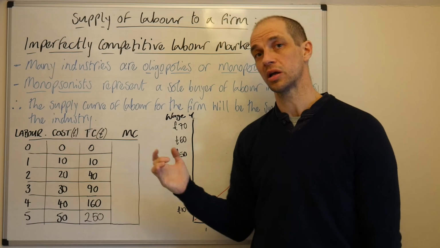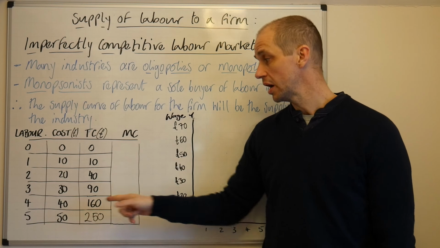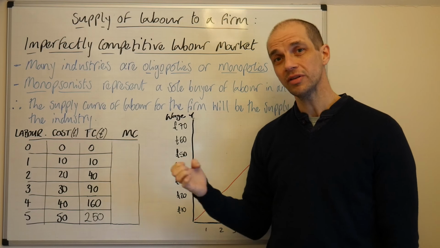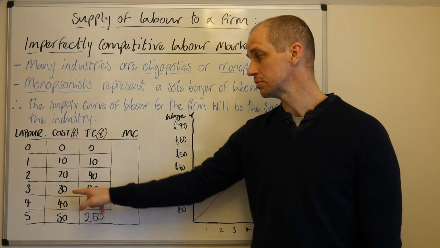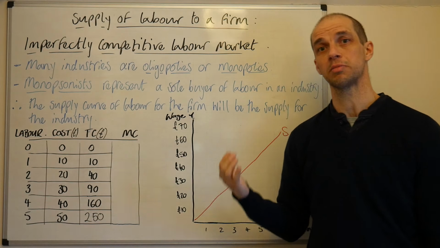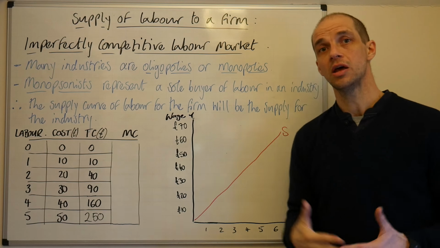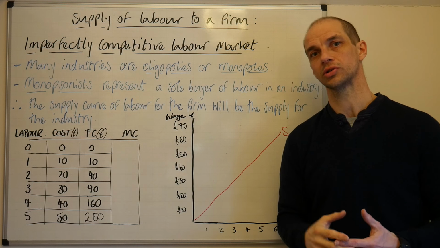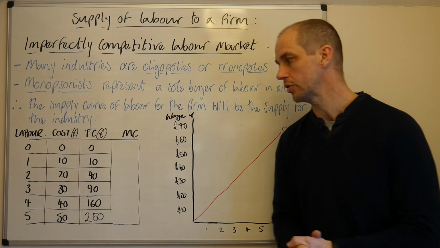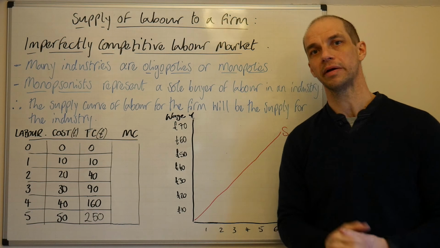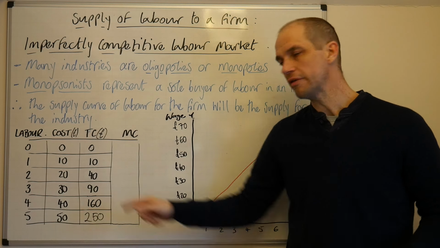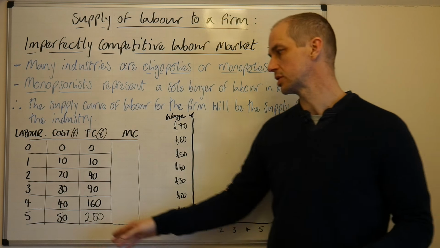But our third worker has a reservation wage of £30. So having a reservation wage of £30 means that everyone ends up getting paid that £30 to ensure, again, that you have that consistency across the market and everyone knows that they're getting paid the same amount for the same job. So therefore, we've got £90 as the total cost.